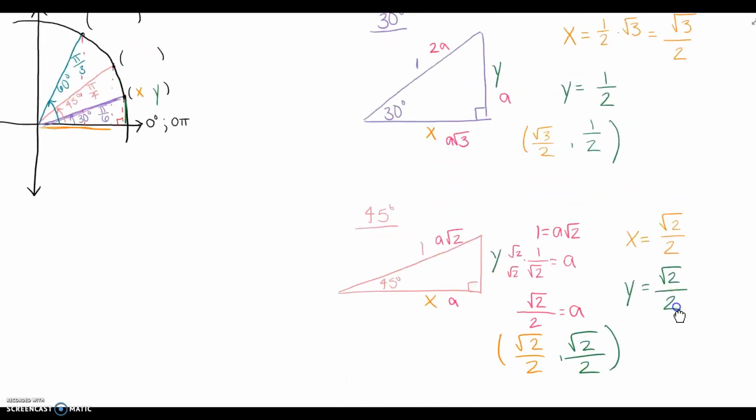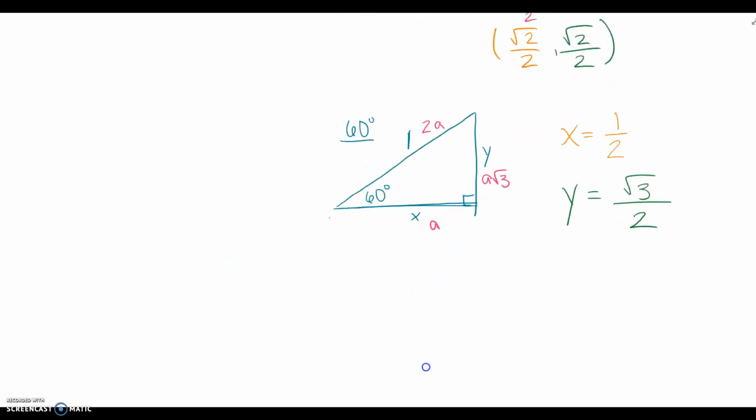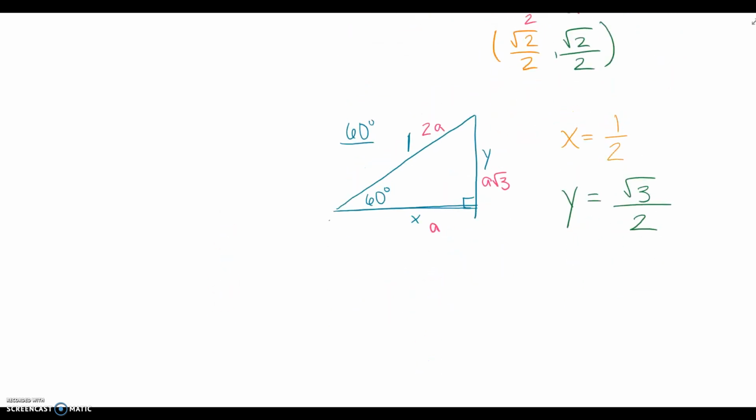And now we've already done the work for this, so hopefully you realize, well, x is going to then be 1/2. And if x is 1/2, then y is going to be root 3 over 2. So now we've got all the coordinates for, well, almost all of them.